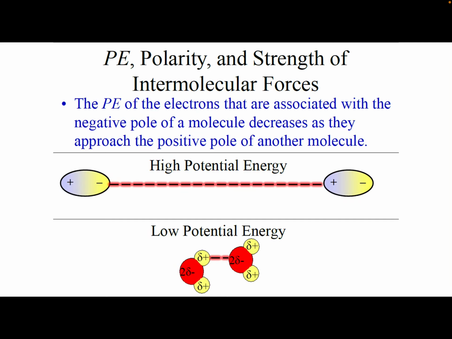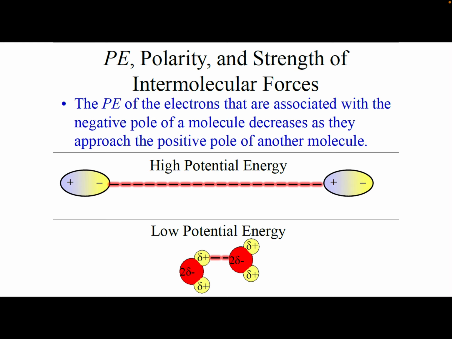Basically, when we looked at chemical bonding, looking at potential energy, this is the same concept. Potential energy is going to decrease as the molecules are pulled closer together by their intermolecular attractions, and the same amount of energy must be added to pull them apart. So the more polar the molecule, the stronger the intermolecular force and the lower the potential energy. I'll say that again so you can take a note on that.